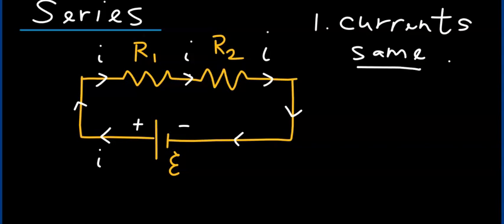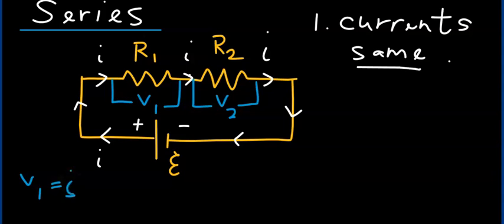The second thing is about the voltage. Let's assume the voltage across R1 is V1 and voltage across R2 is V2, where we know that V1 is quite simply I, the current through that resistor, times the resistance of that resistor, according to Ohm's law.